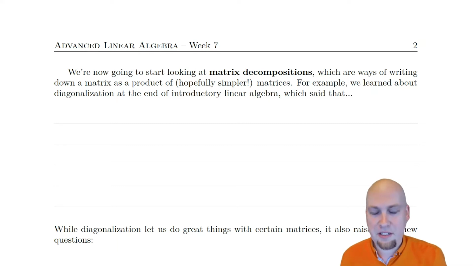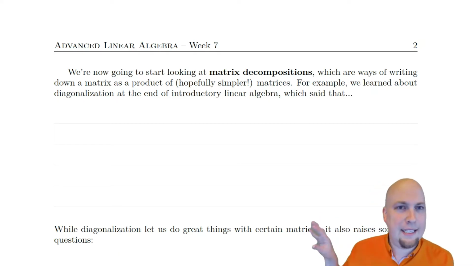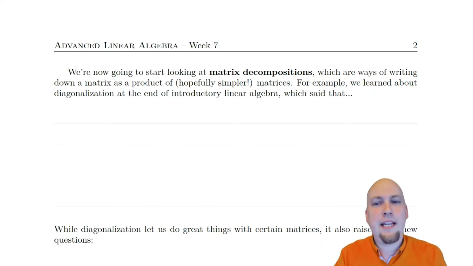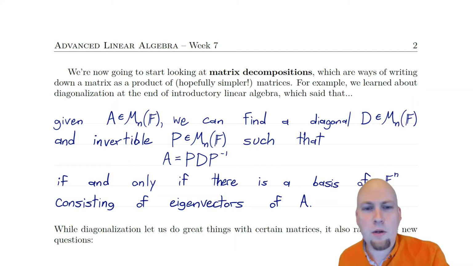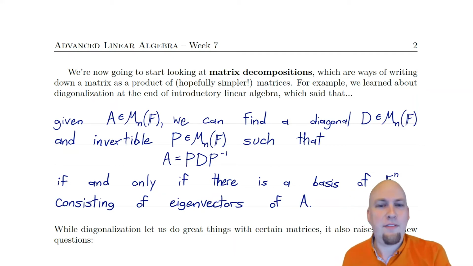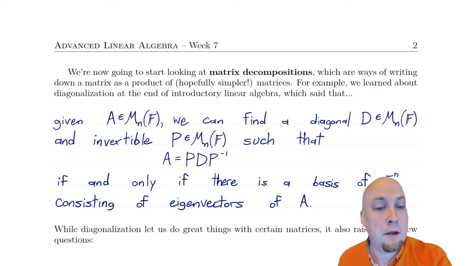Okay, this is our big theorem for this class. It answers a sort of matrix decomposition question that we left dangling at the end of the previous course. Remember, at the end of the previous course, we looked at something called diagonalization. It said that if you have a square matrix, then sometimes you can find a diagonal matrix D and an invertible matrix P such that you can write A equals PDP inverse.